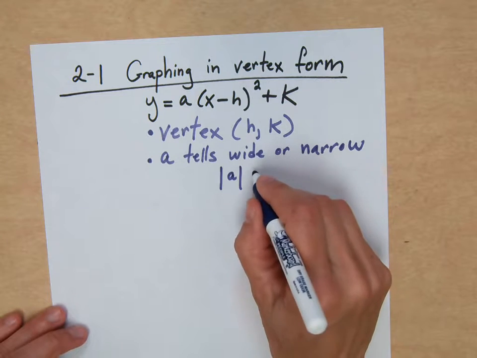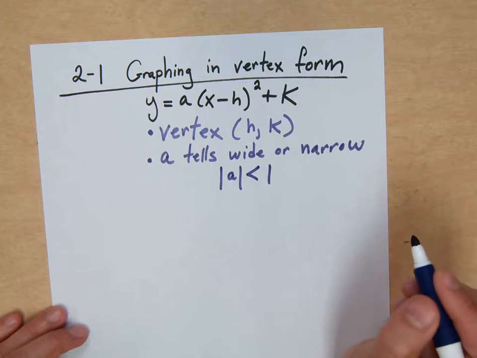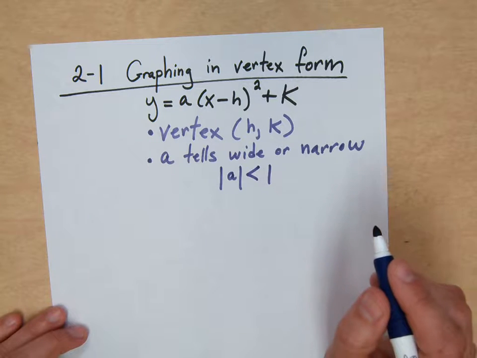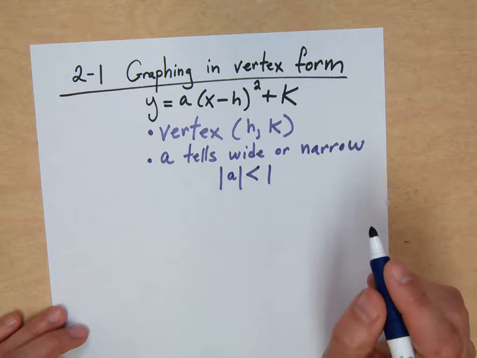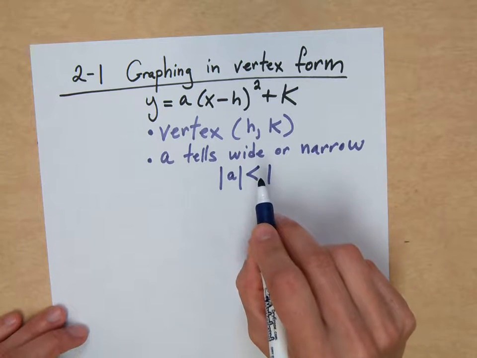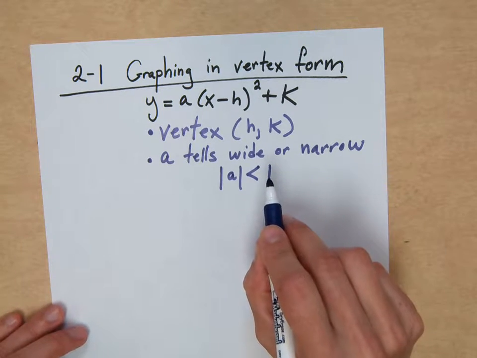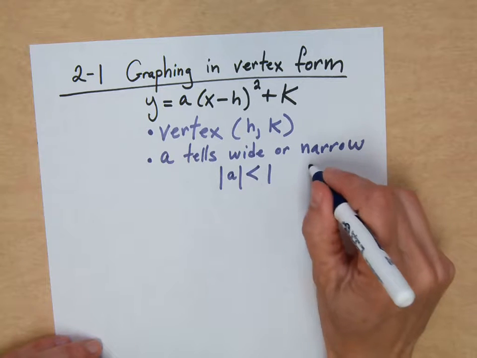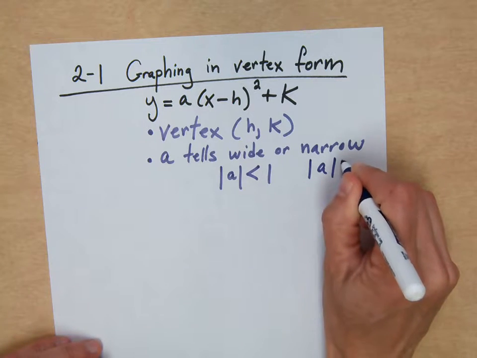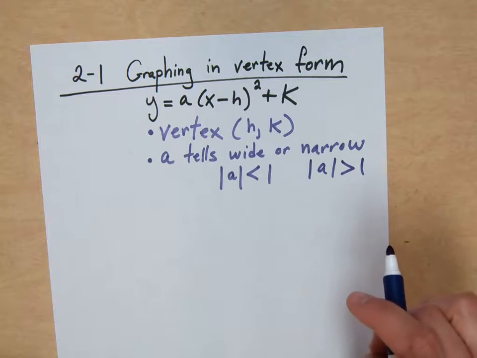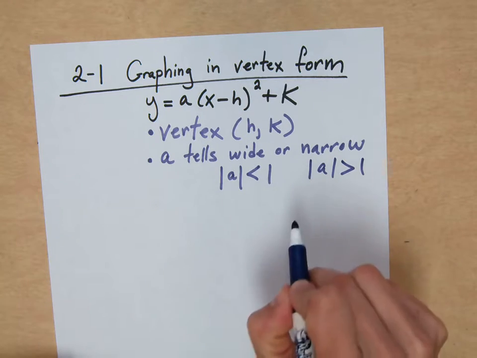If the absolute value of a is less than 1, so what are some numbers less than 1? 1/2 or 1/3 or 1/4. Then it's going to be actually wider because you're making the output smaller and it flattens it out. And if the absolute value of a is greater than 1, like 3 or 5, it actually makes it skinnier or narrower. So those are the two that you can tell by looking at a.